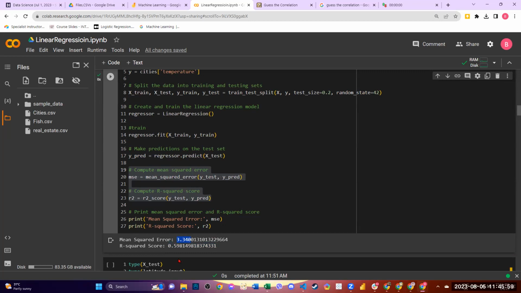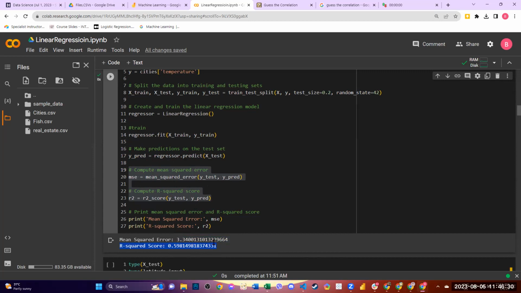So maybe you are thinking, why is it 59.81 and the error is only 3.3? It should be 97, right? The reason it became like this is that we only used it on a small portion of our data, which is the 20% of our total data. But if we use that on the totality of our data, it will be around 90+%.